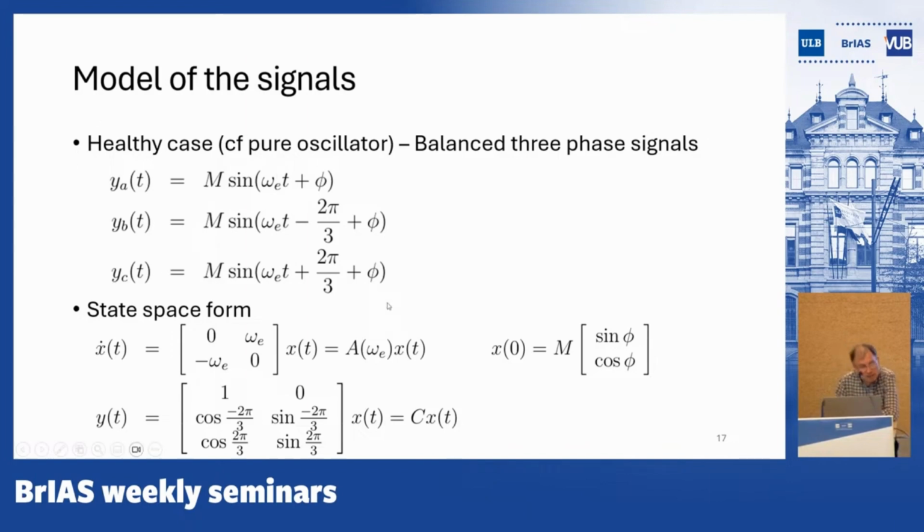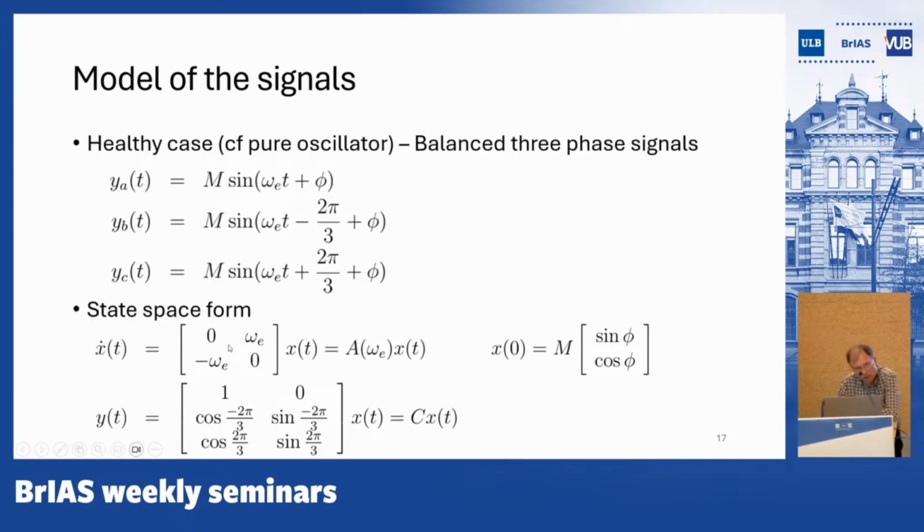So a balanced three-phase system can be represented in this way. And you can show that these three sine waves can actually be generated by a simple two-state system, a system of two linear differential equations, which is an oscillator.